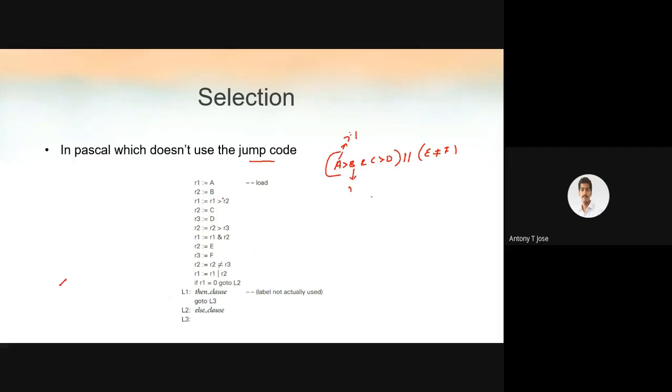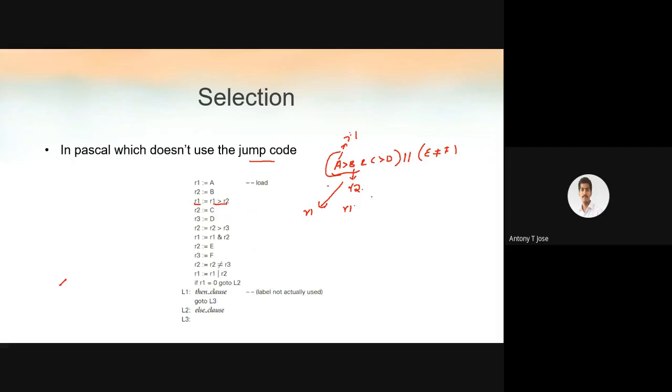So R1 will have A and R2 will have B. Then it will check whether R1 greater than R2 and store the result in R1. So now R1 will have a true or false result.